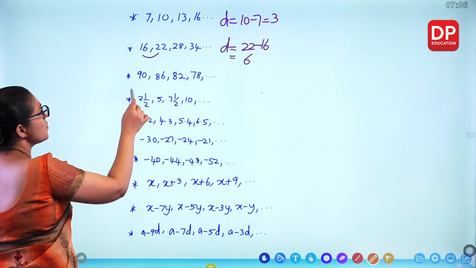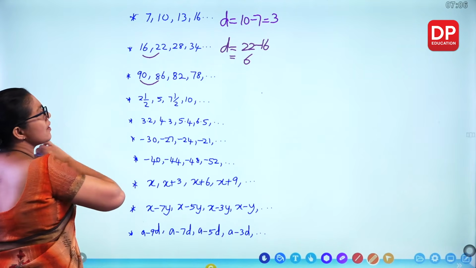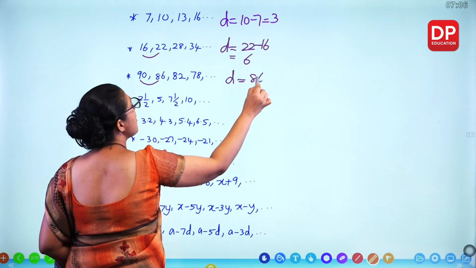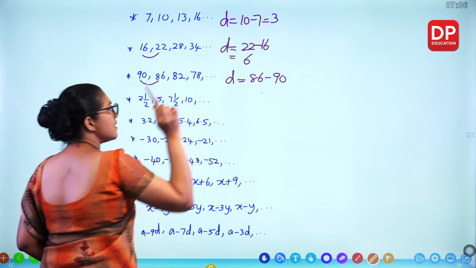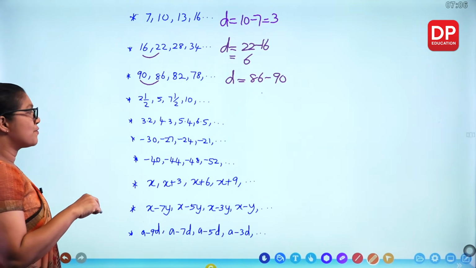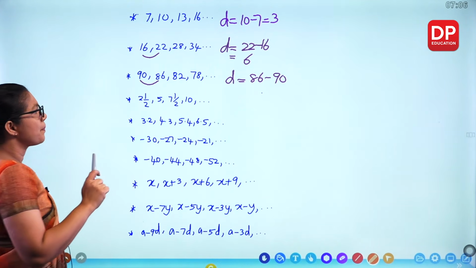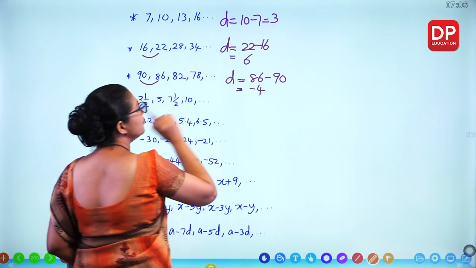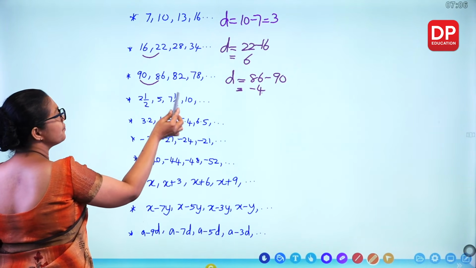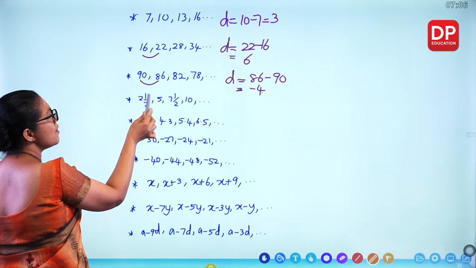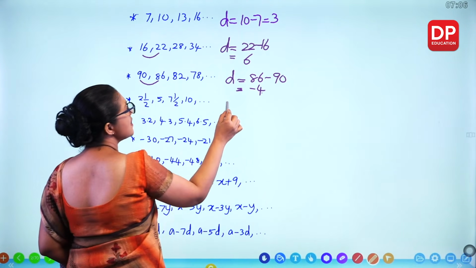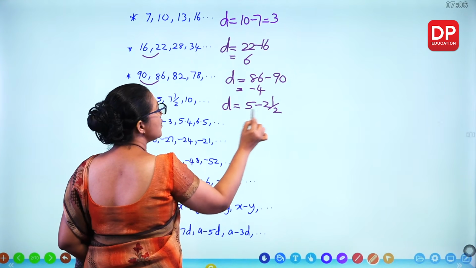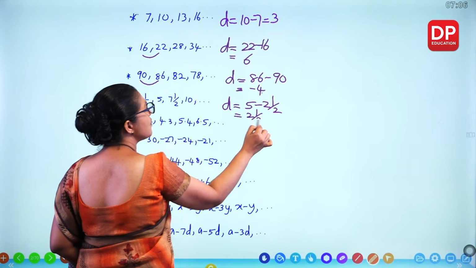6. This one? If I take the first two, D equals 86 minus 90. Any term, subtract the previous term. 86 minus 90, you get minus 4. This one, 5 minus 2.5, you get 2.5.